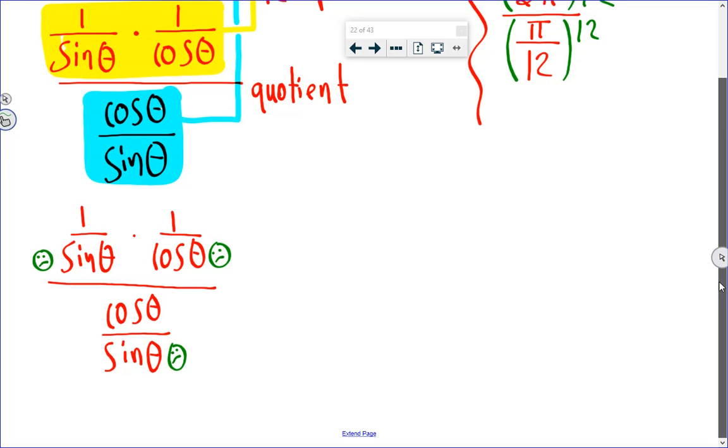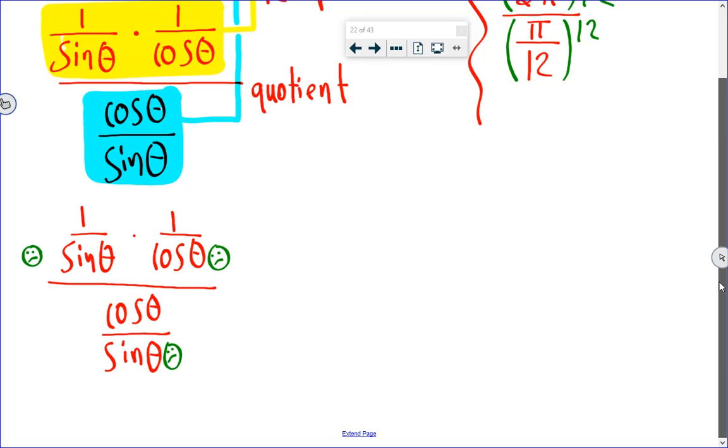I'm unhappy because I have what's called a complex fraction. I don't like to have denominators. There's a denominator here of sine of x. I don't like to have a denominator of sine of x or cos of x in the numerator, and I don't want a denominator of sine of x in the denominator.